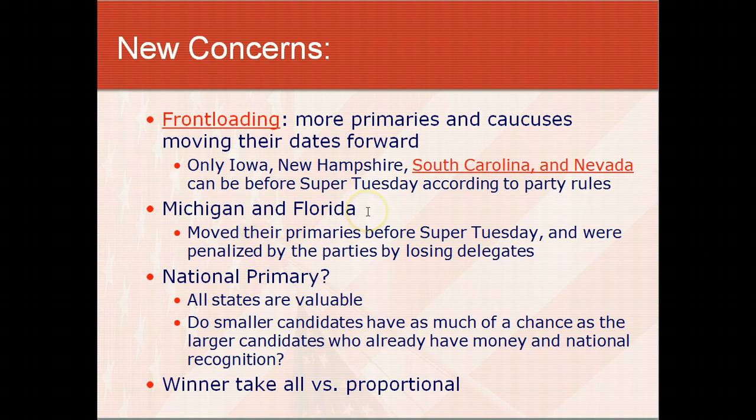In 2008, Michigan and Florida tried to move their primaries before Super Tuesday, and then they were penalized by their parties by taking away some of their delegates. So the parties are really trying to keep it limited to those first 4 states before Super Tuesday. But Indiana isn't even until May, and sometimes having your primary at the end gets you more attention if it's very close, like was the case in 2008 between Obama and Clinton.